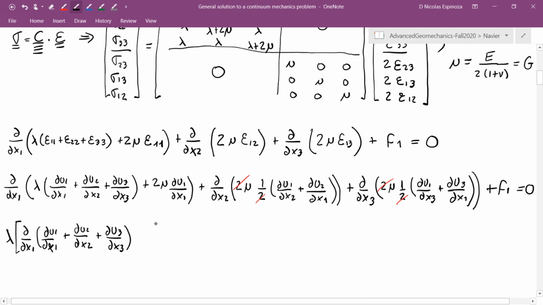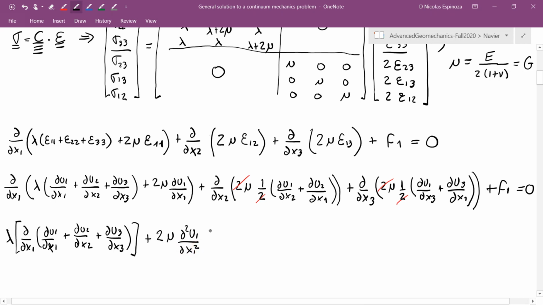I'm going to also close here the bracket, and I'm missing this term over here. So what I'm going to do is just to write it separately, and this is going to be 2 times mu. Remember, mu is also a constant because it's a material parameter, but we have a derivative over here. So now this is going to be a second derivative of u1 with respect to x1 2 times.